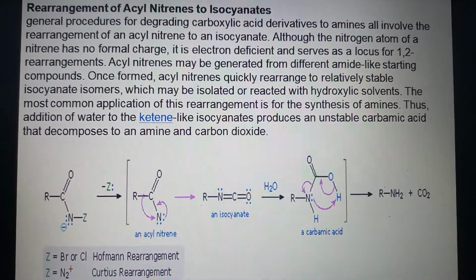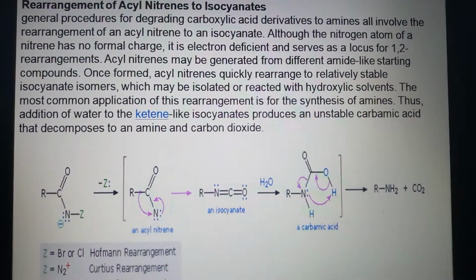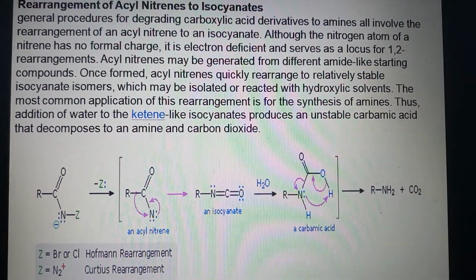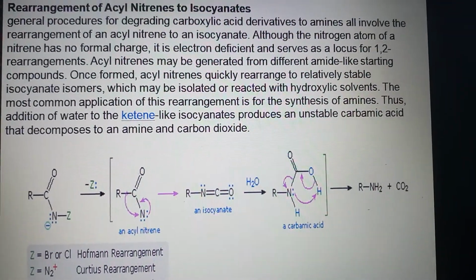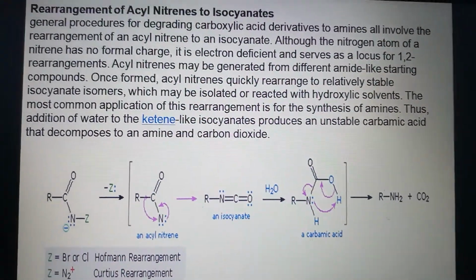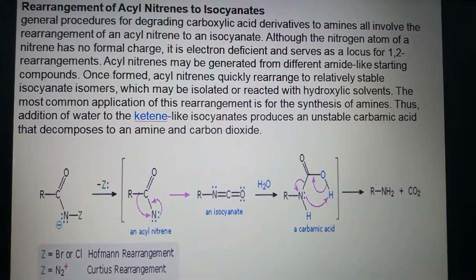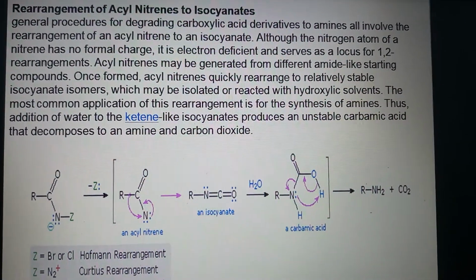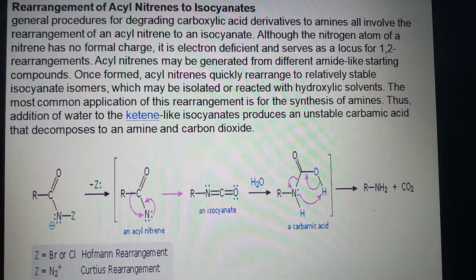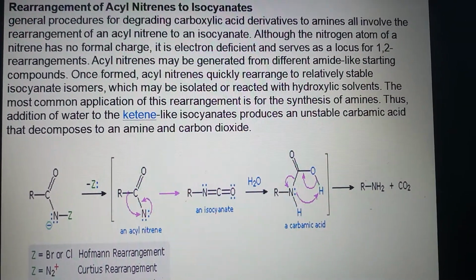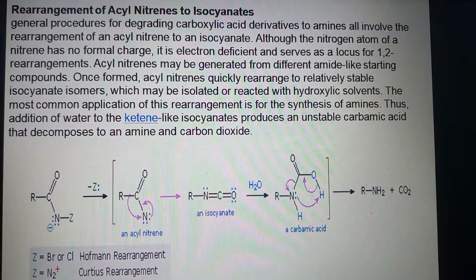Once formed, the acyl nitrene quickly rearranges to the relatively stable isocyanate isomer, RNCO here, which may be isolated or reacted with hydroxylic solvents like water, and the most common application of this rearrangement is for the synthesis of amines.